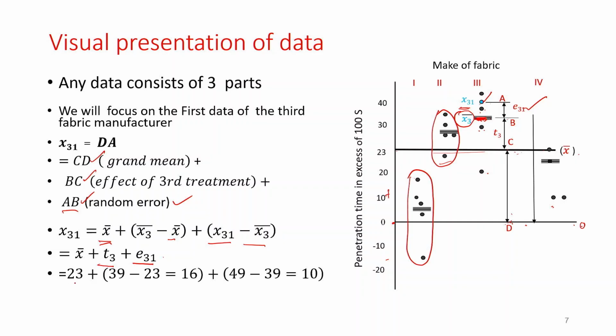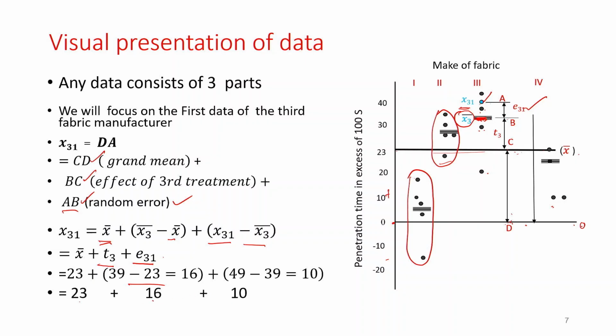So what is x bar? 23. In this case, what is T3? The difference between these two, and therefore it will be 16, and the difference is shown here. So we can write x31 is 23 plus 16 plus 10. So the value of x31, if you look back at the original table, whatever value was there, can be written as the summation of these three, 23 plus 16 plus 10.